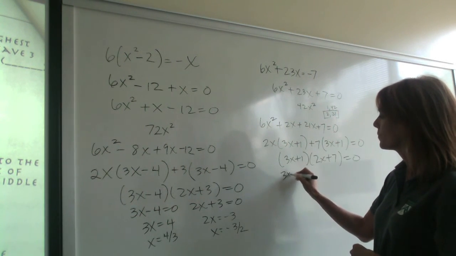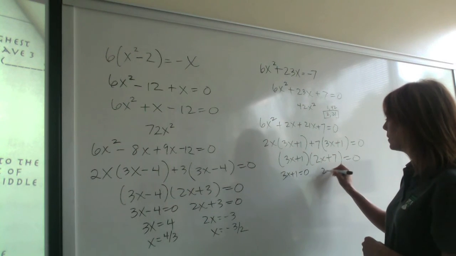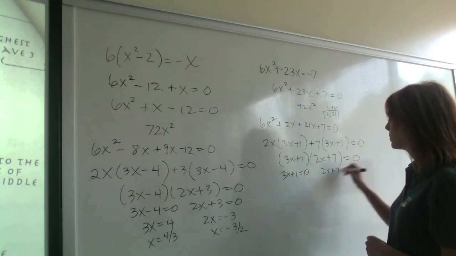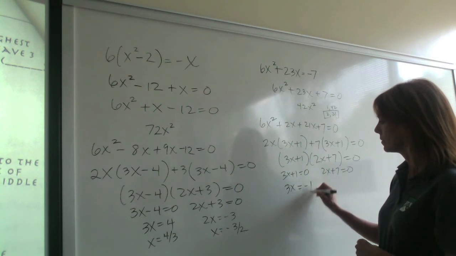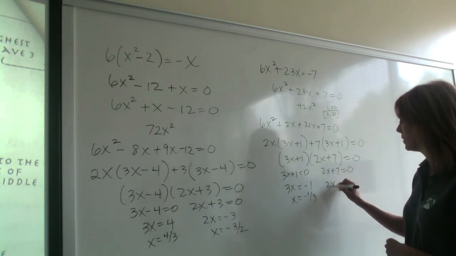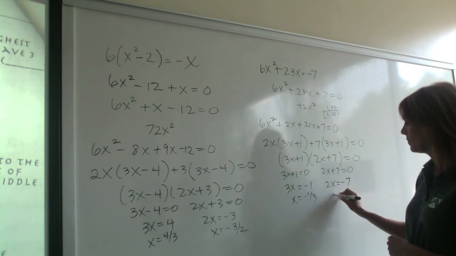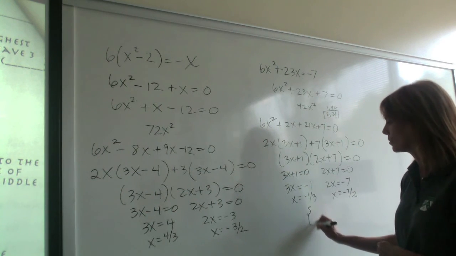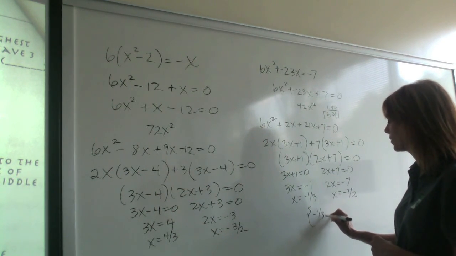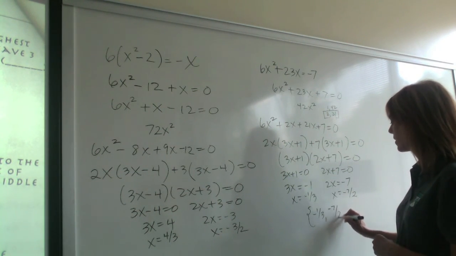Each of them equal to 0. Subtracting 1 and dividing by 3. Subtracting 7 and dividing by 2. So our two answers are negative 1/3 and negative 7/2.